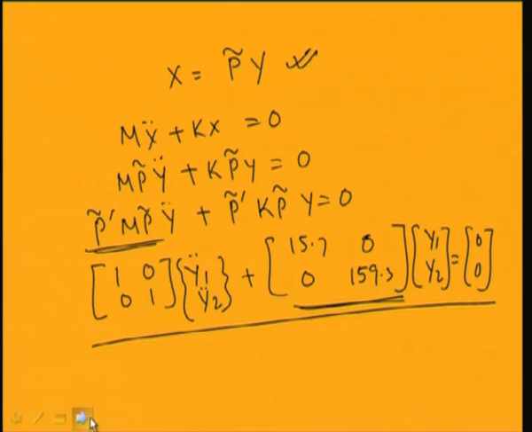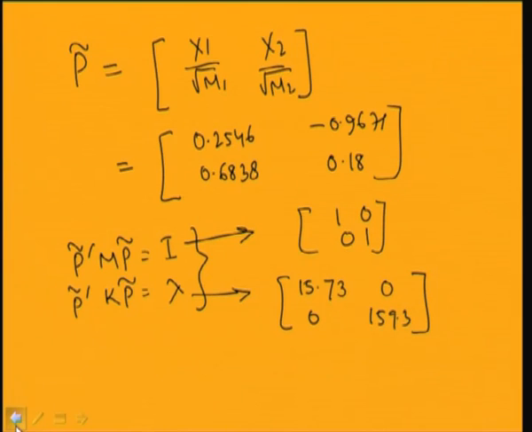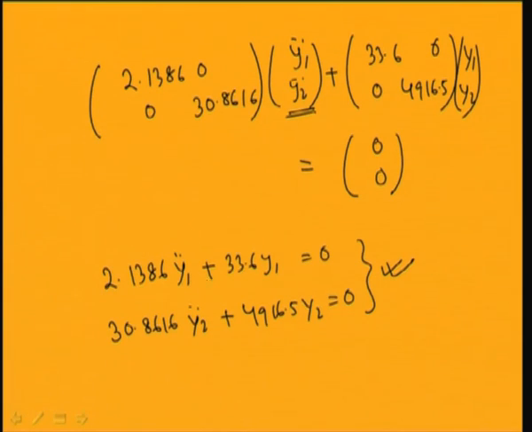From this you can write the first equation, y1 double dot plus lambda 1 y1 equal to 0, and the second equation, y2 double dot plus lambda 2 y2 equal to 0. You can verify that in the previous case also you obtained the same equations.